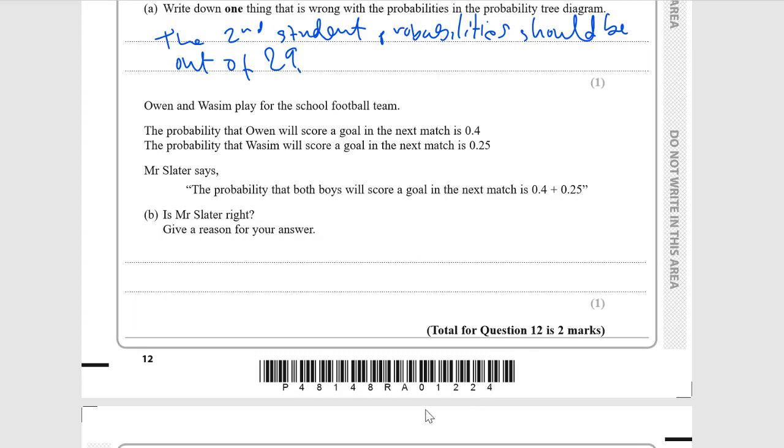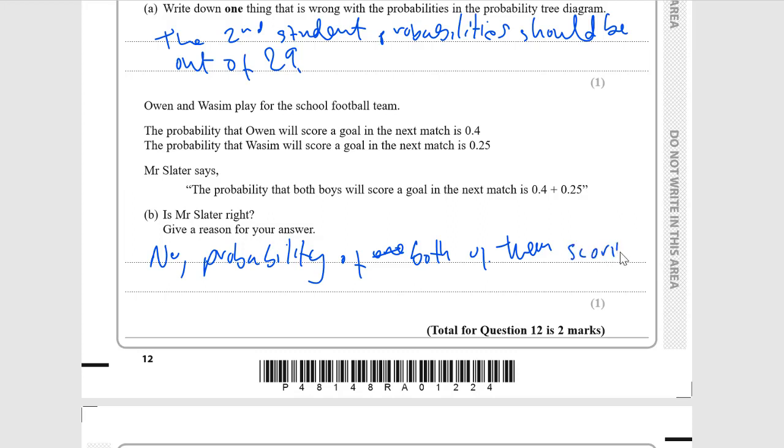So the probability that Mr. Slater is not right, so no, and that's because the probability of both of them scoring cannot be greater than one of them scoring.